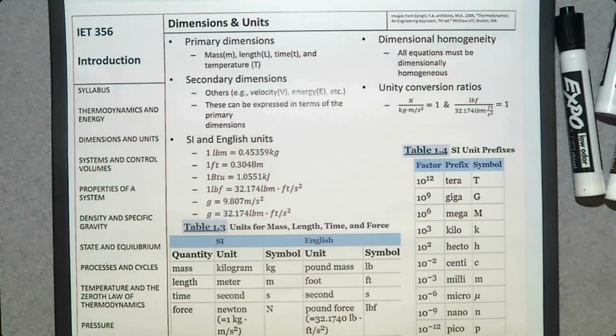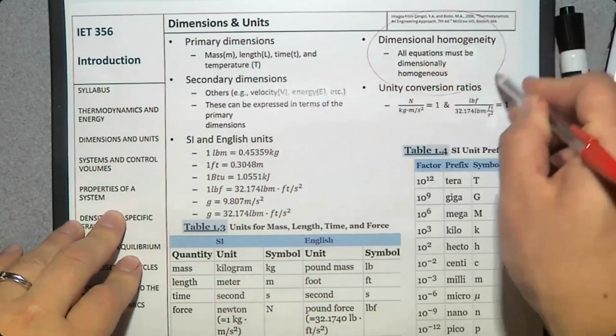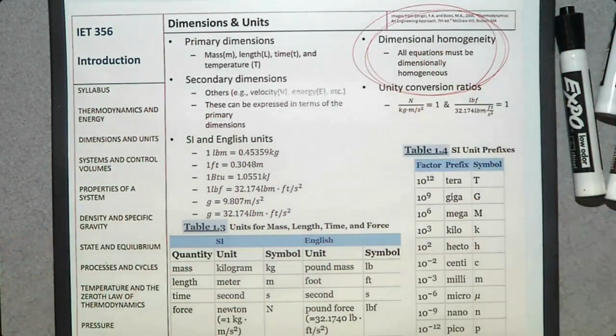Then why do we need to know about primary dimensions or secondary dimensions? One of the benefits is dimensional homogeneity. When you have a governing equation and you solve it, the dimensions on the left-hand side of the equation should be the same as the dimensions on the right-hand side of the equation.